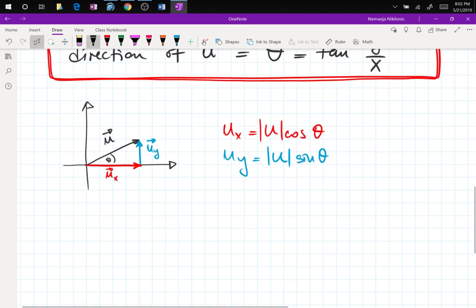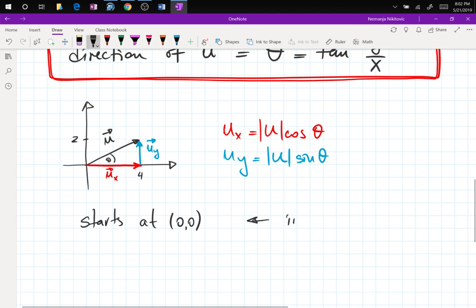So the picture that I have over here is 4 and 2, and now what I have is a vector that starts at 0, 0.